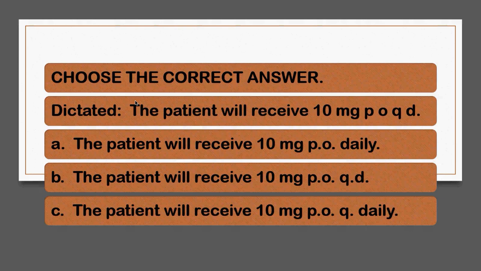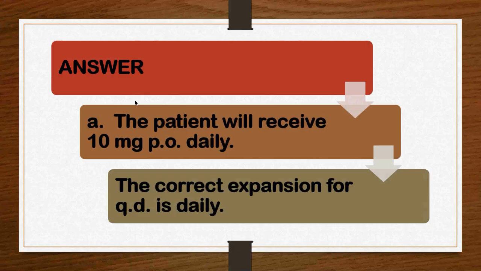The patient will receive 10 milligrams PO daily. Daily is the correct expansion for QD. You don't need to expand q-day, but QD you expand to daily. And it's a dangerous abbreviation too, you guys. So make sure you are making a note of that. QD, always daily.